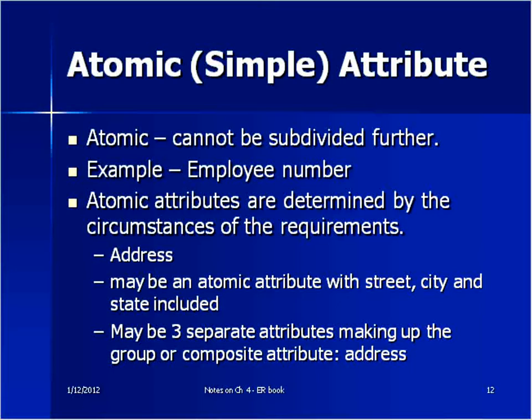Whether an attribute is atomic or not actually is a relative term. Let me give you an example here. Age was not a very good example. Let's take the birth date example. In an employee database, the birth date attribute may be considered atomic because you would just store the birth date.